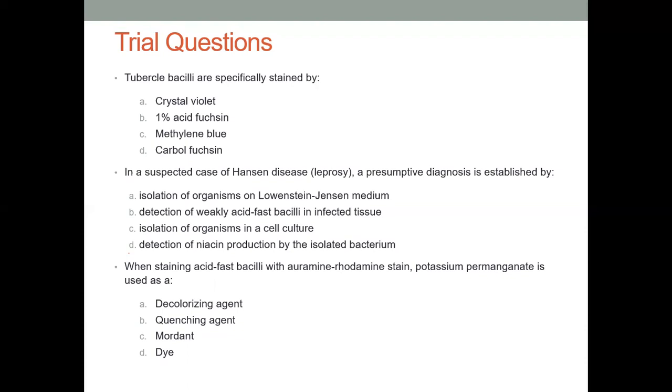So remember, we said that when we are preparing the carbol fuchsin, we had the carbolic acid plus basic stain and not acidic. Remember, we have acid fuchsin and we have basic fuchsin. We can't use acid fuchsin because acid will not be a proper stain to stain bacteria.